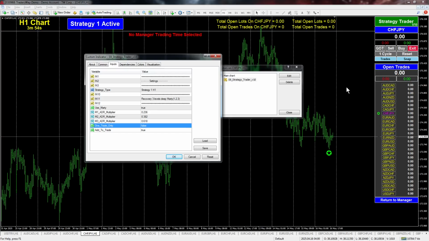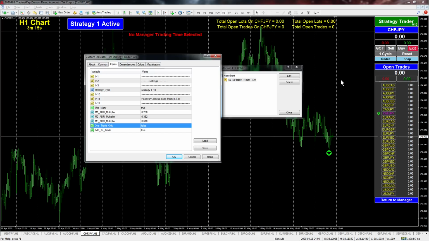Whereas with the one cycle turned off, when it gets out of this trade, it will start looking to see if it can take another trade, more than likely in the opposite direction, because the exit for a long trade is the opposite swing signal. So it would exit up here with an opposite signal, then it would start looking for a short trade. But if you got the one cycle turned on, once it exits up here, you're done.